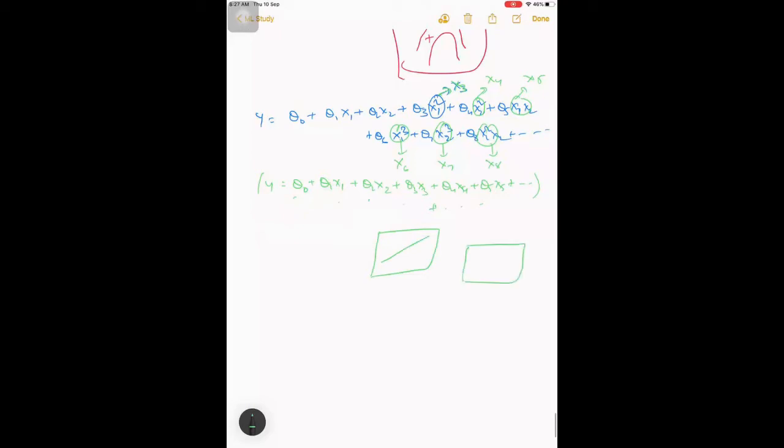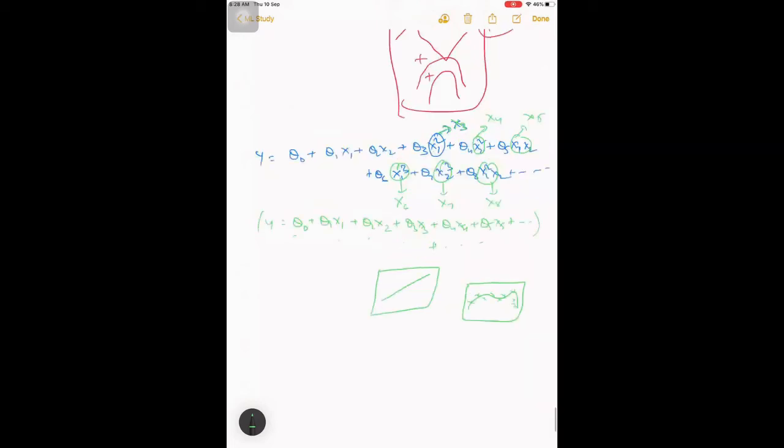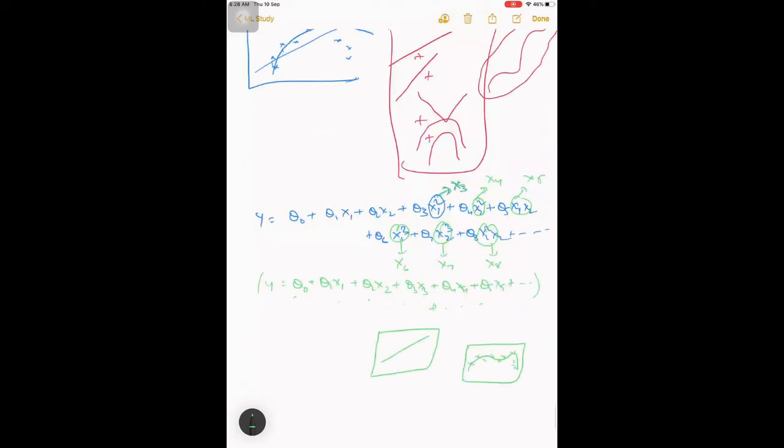Now we are even able to learn some kind of pattern like this graph. If it is something like this, we are able to learn that. This is a very good feature of this kind of regression problem.